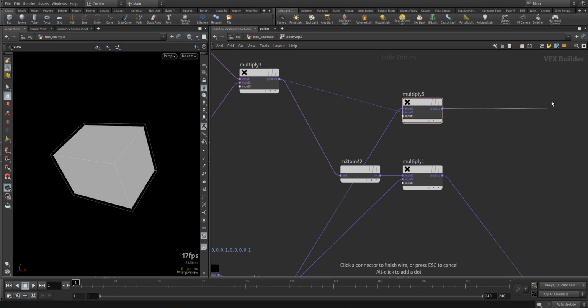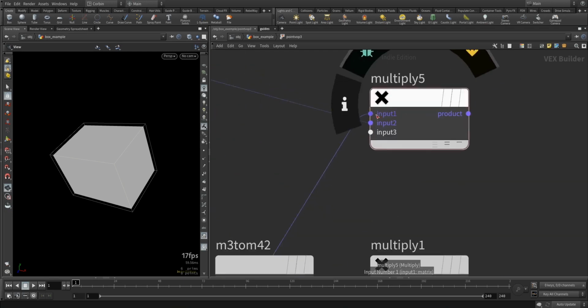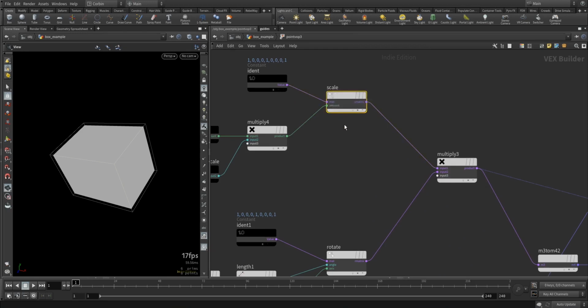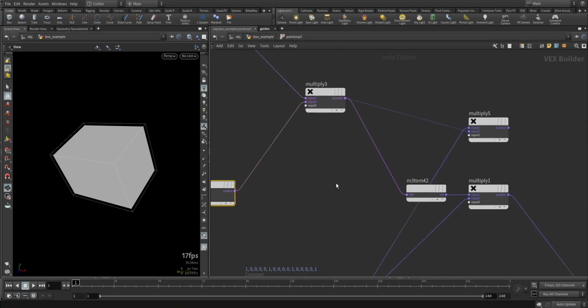This sounds like a good idea, except for the fact that, remember I said this order matters, and so now we've had to go translate first, then scale, then rotate. And so this doesn't work. Even though this is what we want, a 4x4 matrix, this order is important as well to us.